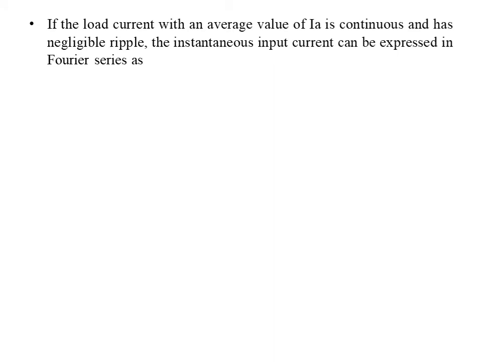If the load current with an average value of Ia is continuous and has negligible ripples, the instantaneous input current can be expressed in Fourier series as i(t) = I_DC + summation n = 1, 3, up to infinity of (an cos n omega t + bn sin n omega t).